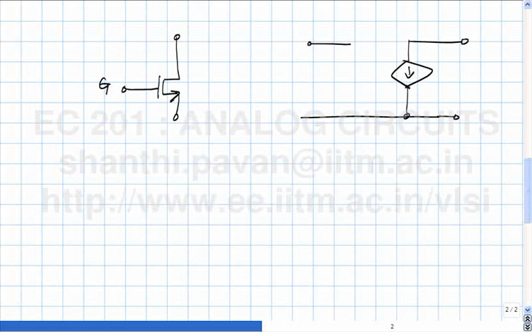So this is the gate, this is the source, this is the drain. This is what we had earlier. The incremental voltage was VGS. This is gm VGS, where gm is gotten from the formula, and this is ro.